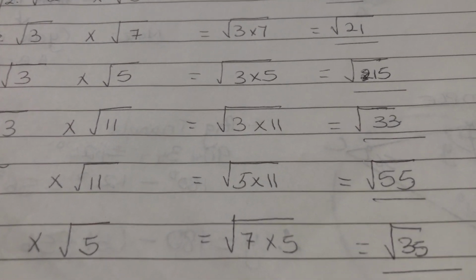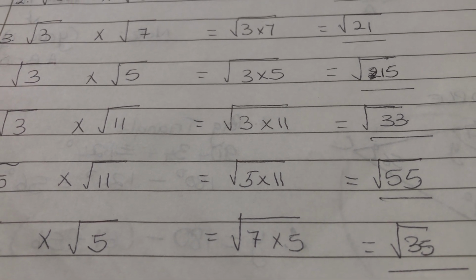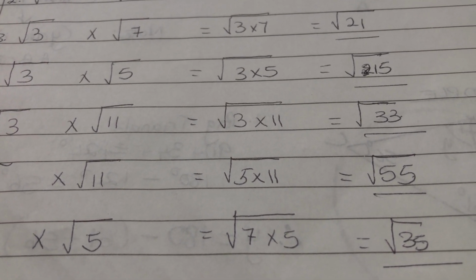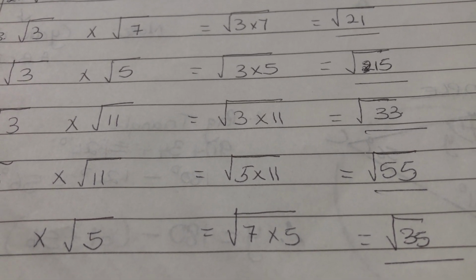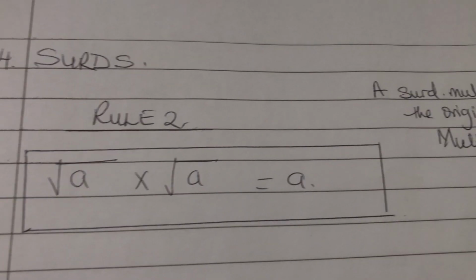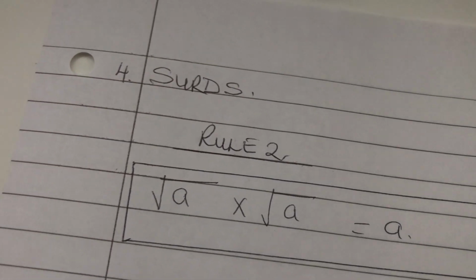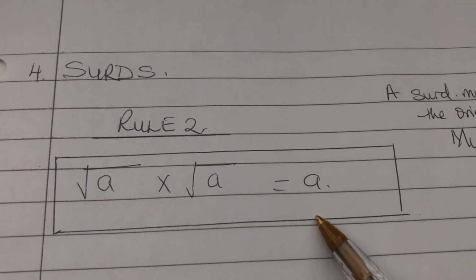So that is our first rule in surds that we'll be working mainly with. Now the second one, let's look at it. As I said, the reverse is also true. The second rule, I've also used this before.